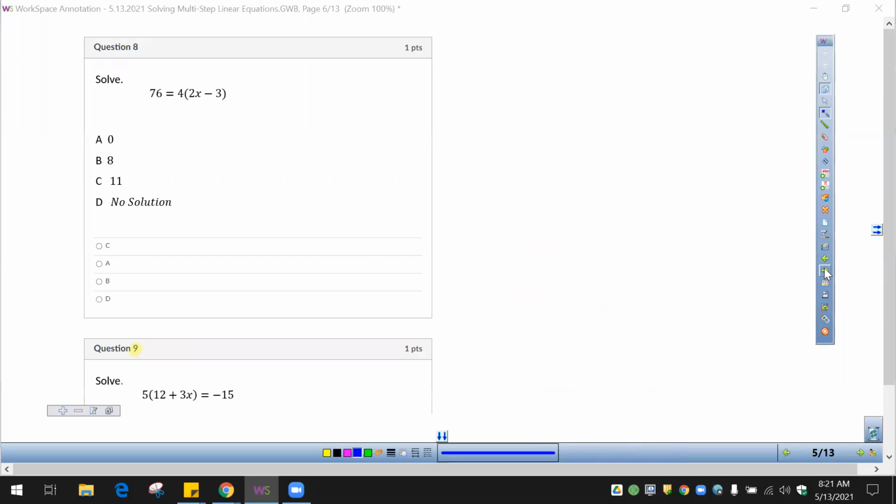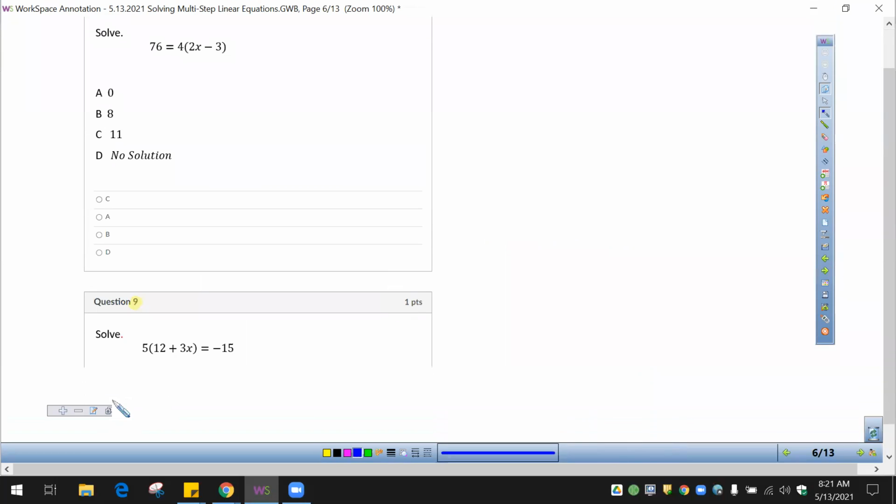All right. And again, same thing on number 9. You would distribute. So 5 times 10 is 60. 5 times 3x is 15x. Drop the negative 15 down. And then you would subtract 60 from both sides.